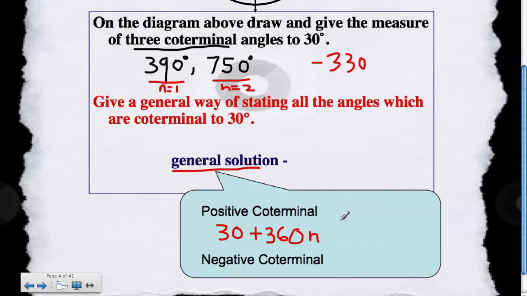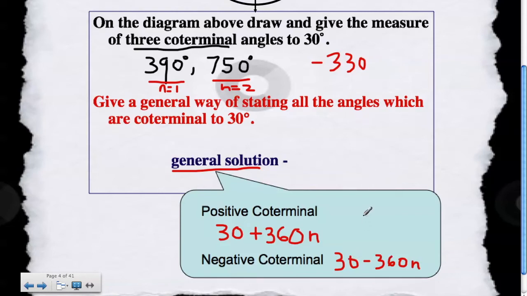Now, if I do the negative coterminal, we take the angle that was given to us, and now we are subtracting 360n. General means the n. In this case, with negative 330, I went 1 revolution, not even quite, and then I subtracted to get the 330.